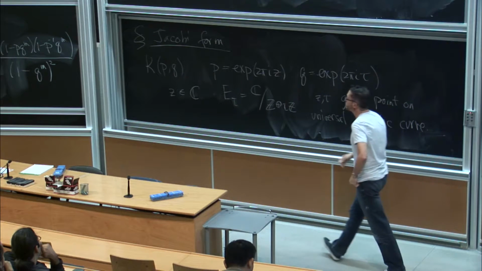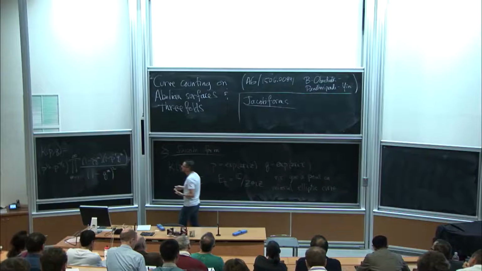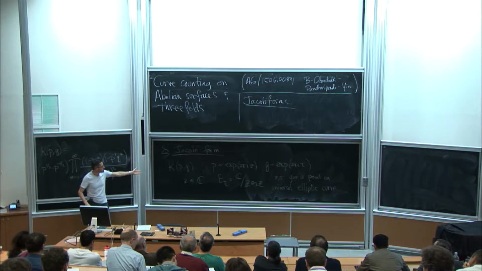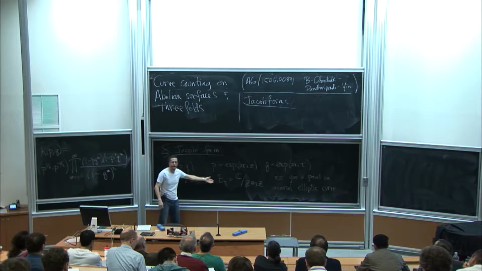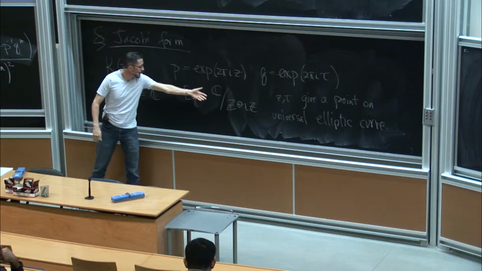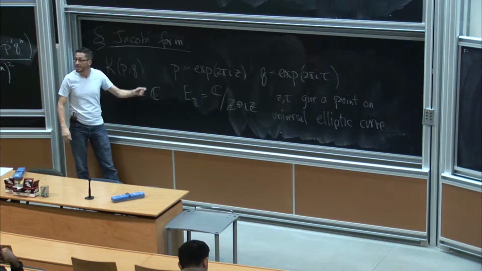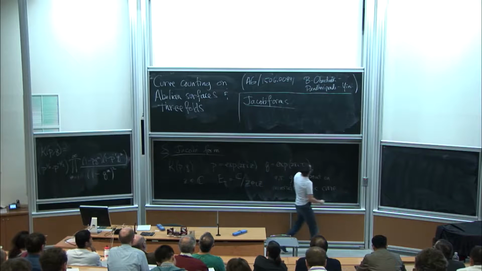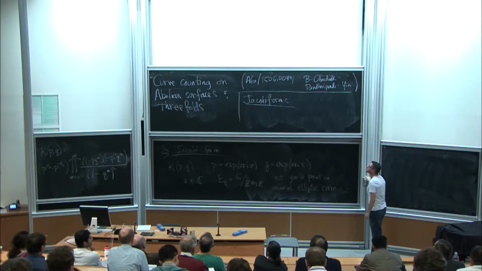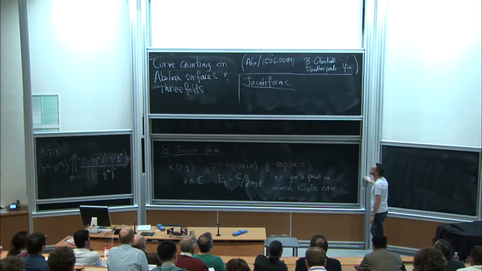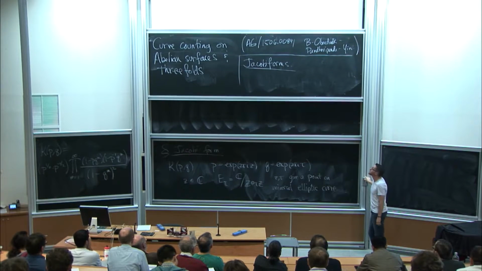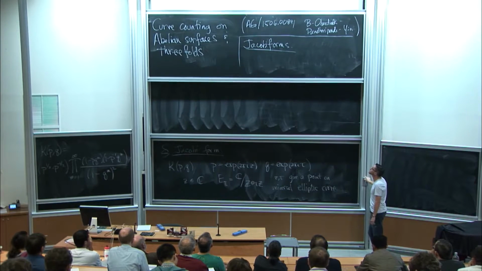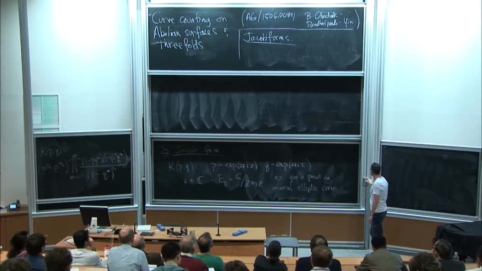And of course, Jacobi forms satisfy some symmetry relations with respect to the action of SL2Z and the action of this lattice on z and on tau. And so as an algebraic geometer, I like to think of this as giving me a section of a line bundle over the universal curve. Let's see if I can manage this here.